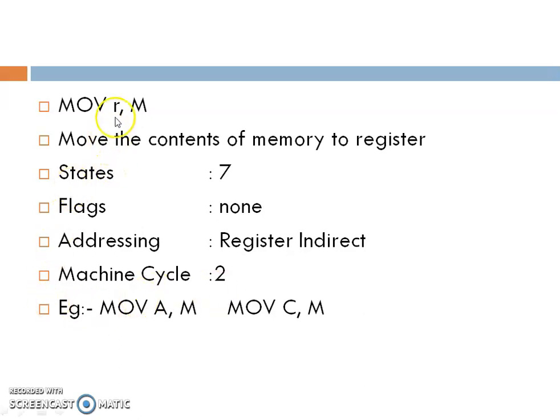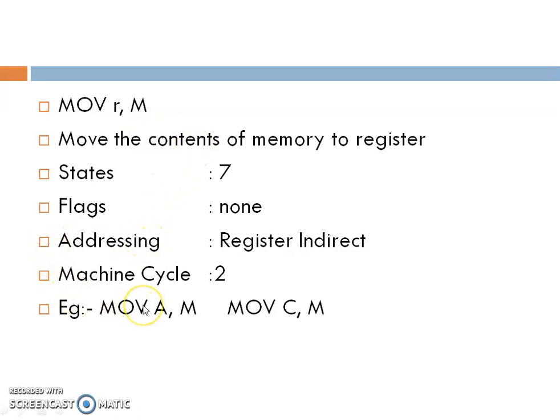The number of bytes for this instruction is only 1. Even though the number of bytes is only 1, it requires 2 machine cycles. After the opcode fetch, the processor knows that it has to read the data from the specific memory location and place it in register C.